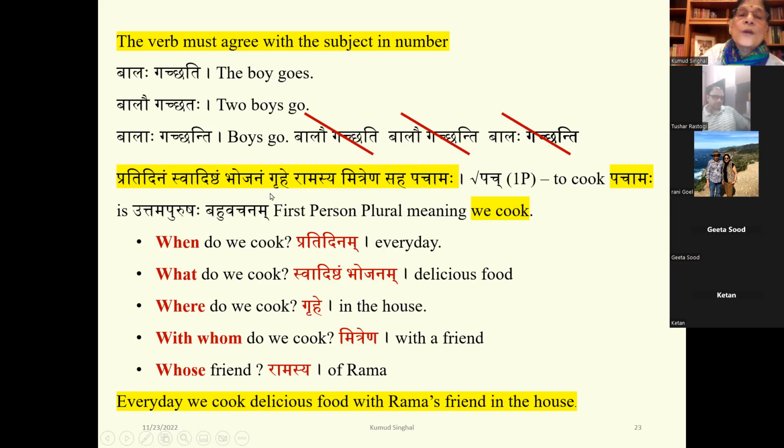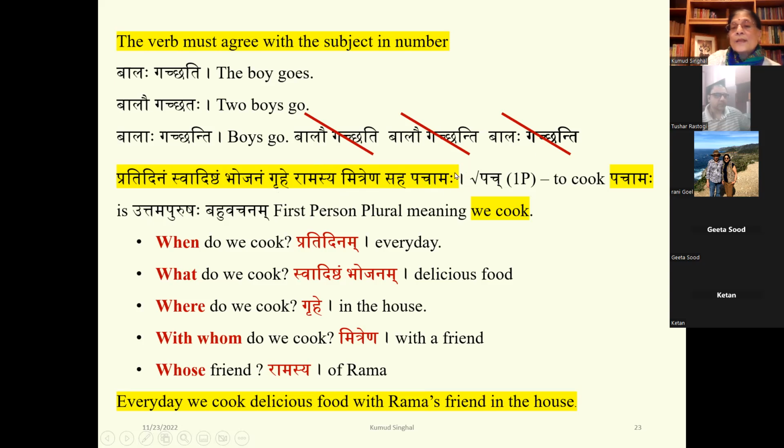So finally, we'll do a sentence, then figure out the meaning using a verb form. So the sentence is, Pratidinam swadishtham bhojanam grahe ramasya mitrena saha pachamah.